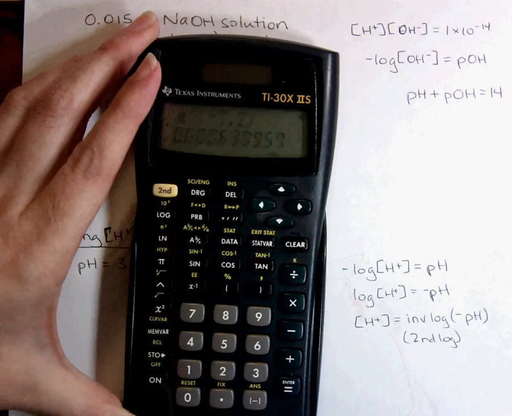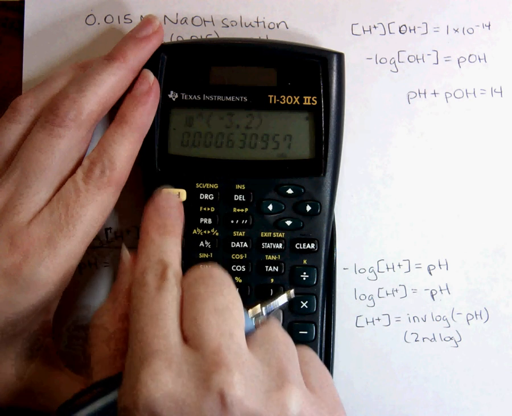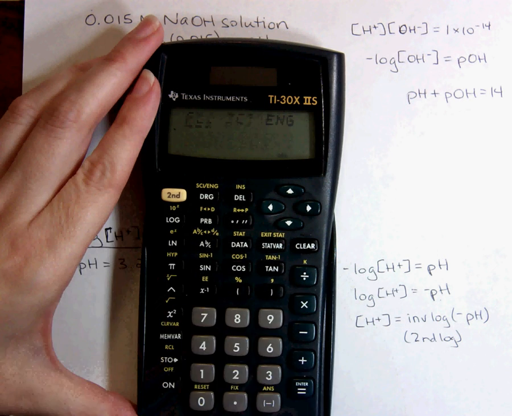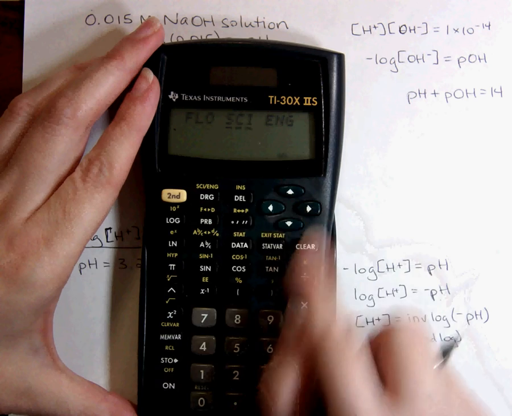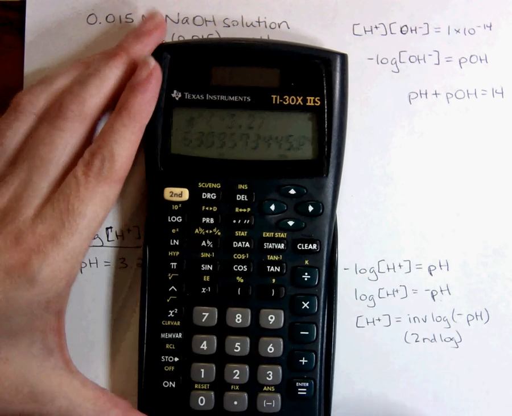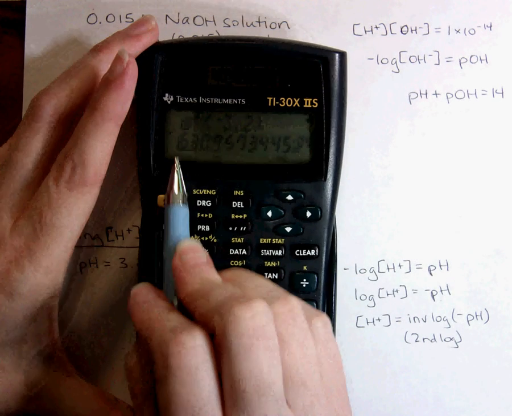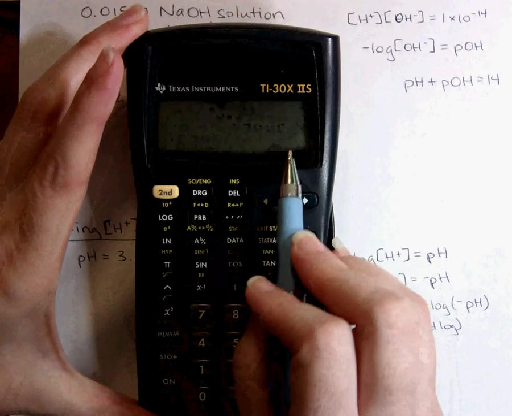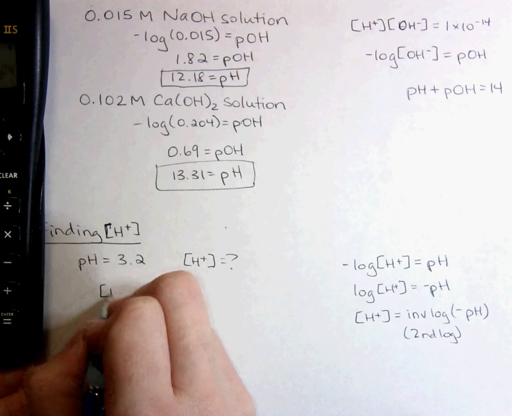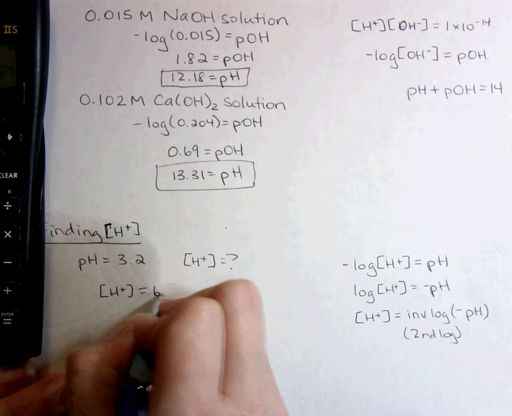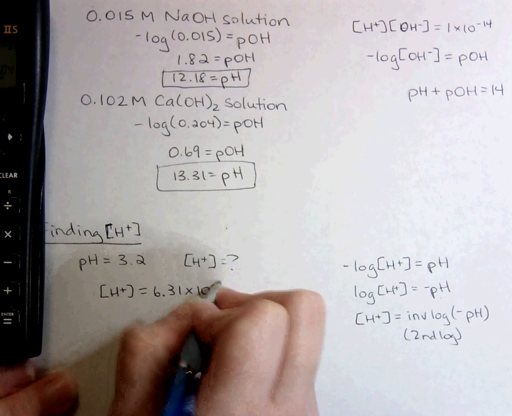If you want this in scientific notation, remember you can always hit second and then this DRG, you see the SCI up above, to put it in scientific notation. Move your arrow over, hit enter, and it gives me 6.31 times 10 to the negative fourth. So my H plus would be 6.31 times 10 to the negative fourth.